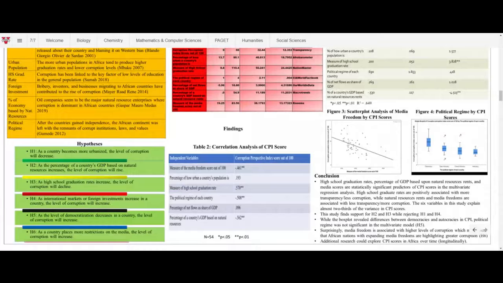That was one of the independent variables. It was not significant. However, it did reveal the differences between democracies and autocracies, meaning that the countries in Africa that deem themselves democracies tend to be more corrupt than the countries that were actually not democratic. And that's all.